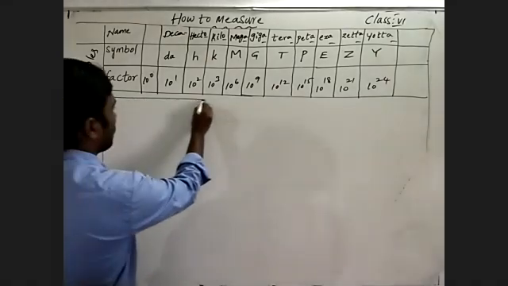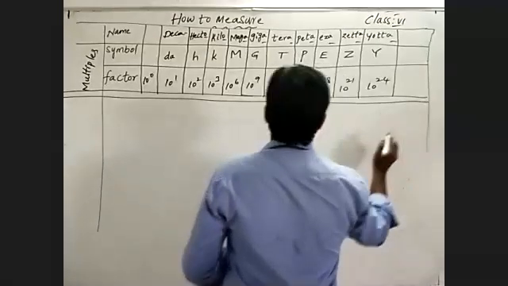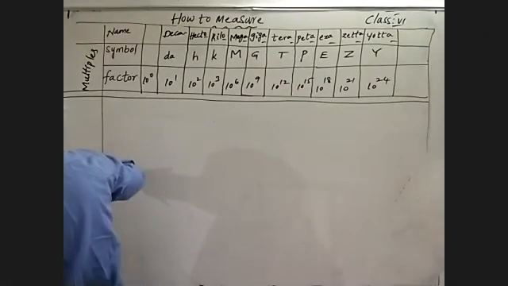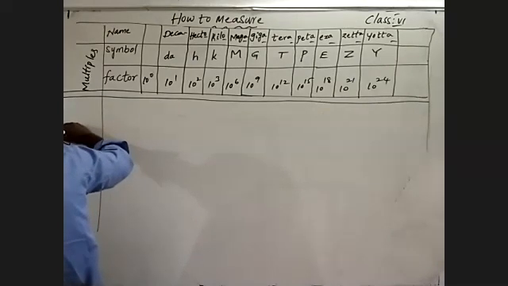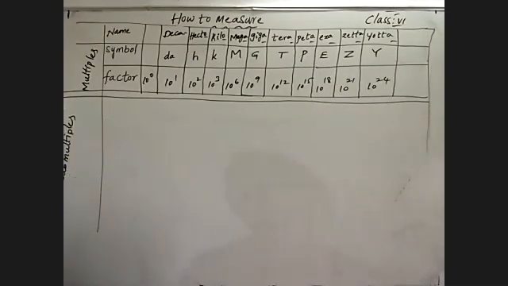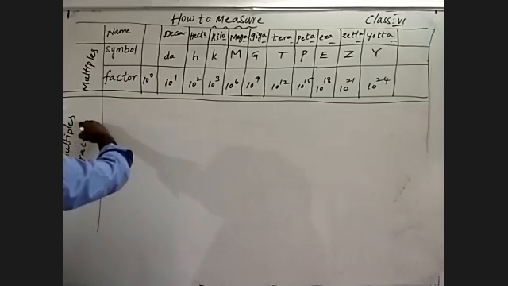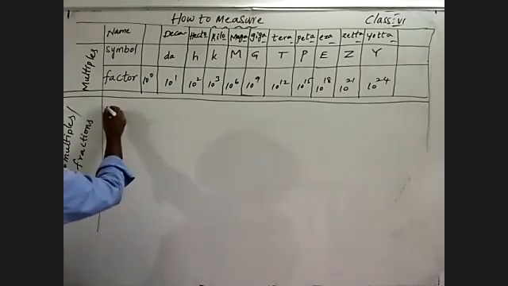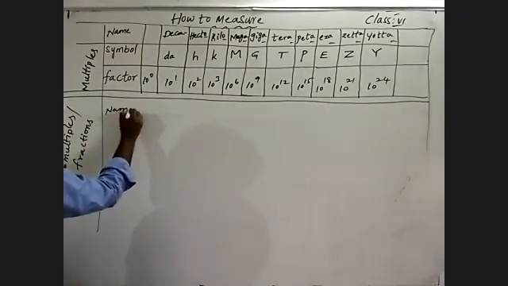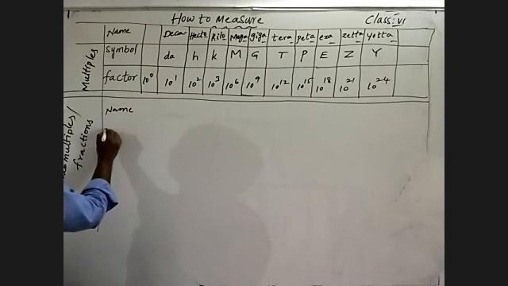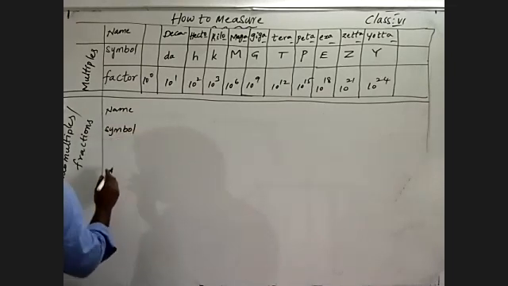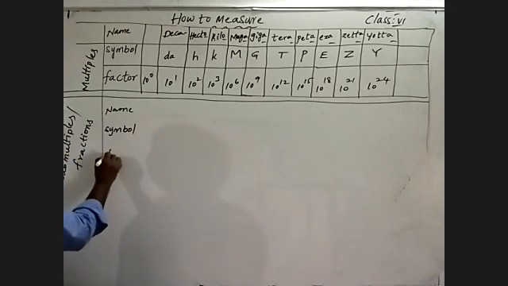Okay, let's write the submultiples. Submultiples means fractions. Same as before, we write the name, symbol and factor.